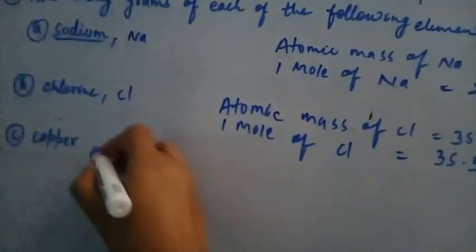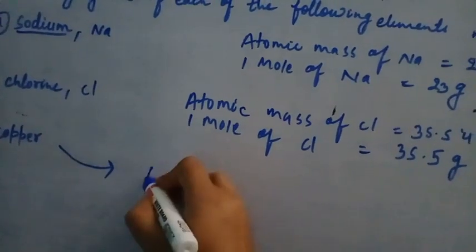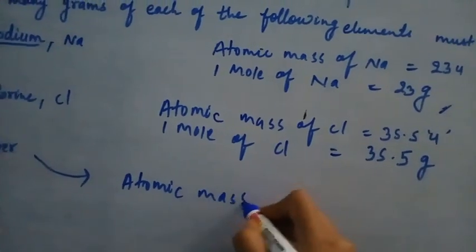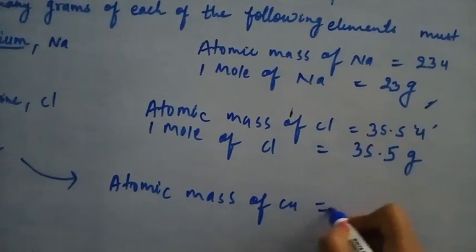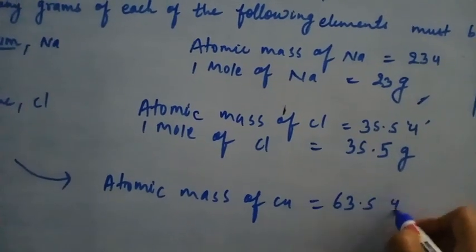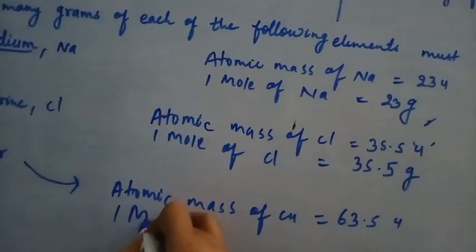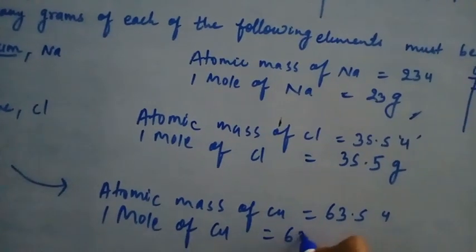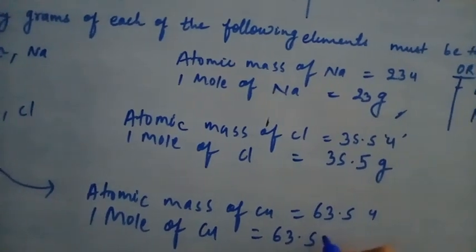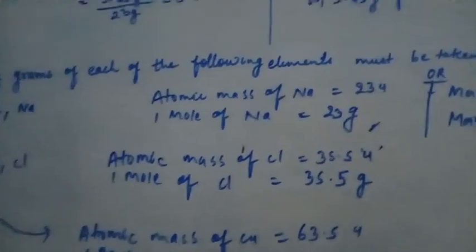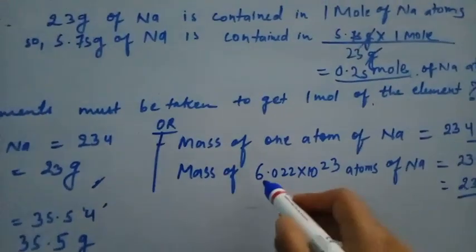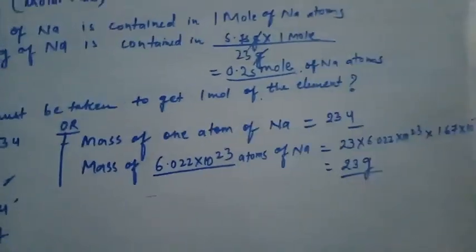Similarly for copper, you should know the atomic mass. Atomic mass of copper is equal to 63.5 U. So 1 mole of copper is equal to 63.5 gram. Okay, so these two also you can calculate by this method, by showing Avogadro number of atoms.